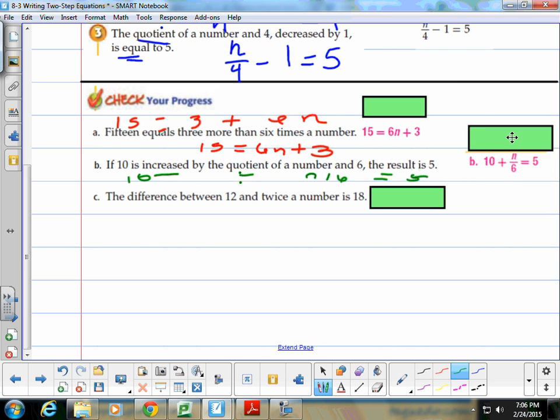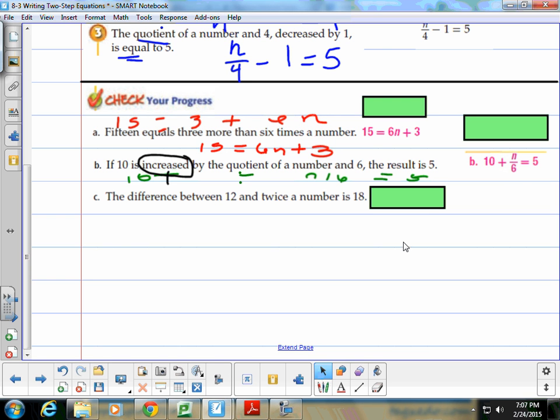So it's going to be 10 increased, I'm sorry, I totally read that wrong, increased, not subtracted, increased, it's been a long day, increased by, you're going to be adding whatever the quotient is to 10 to get to 5, increased. Important to read, and that's why, checking my solution, what I said didn't make sense, showing you and modeling that, checking your answer and finding your mistakes and learning from those is really important in this math life here.